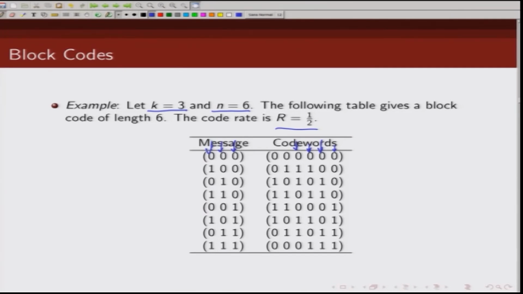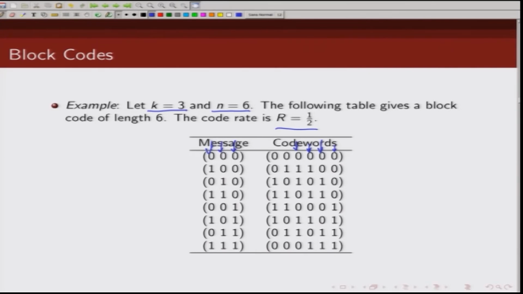So if we do U XOR of these two, look at this, 0 plus 0 is 0, 1 plus 0 is 1, 0 plus 1 is 1, 1 plus 1 is 0. We are talking about binary addition over the binary field.